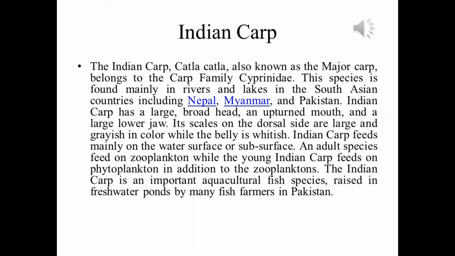An adult feeds on zooplankton, while the young Indian carp feeds on phytoplankton in addition to zooplankton. The Indian carp is an important aquaculture fish raised in freshwater ponds by many fish farmers in Pakistan.